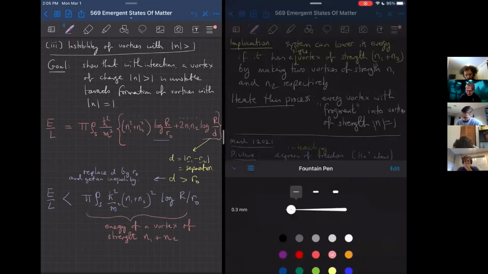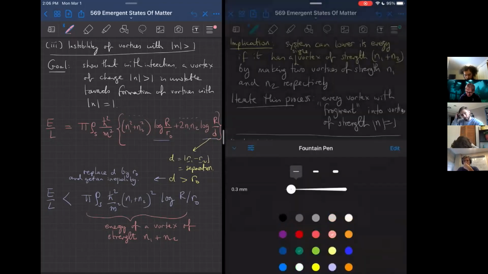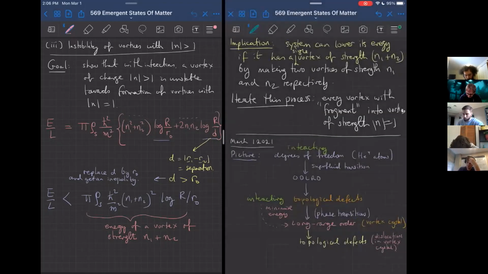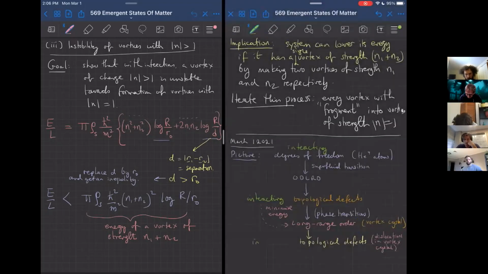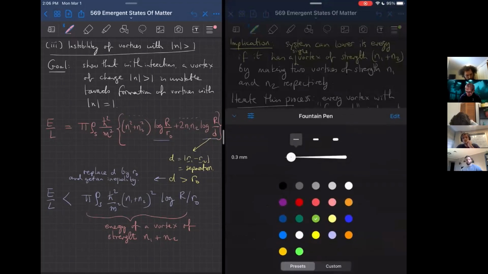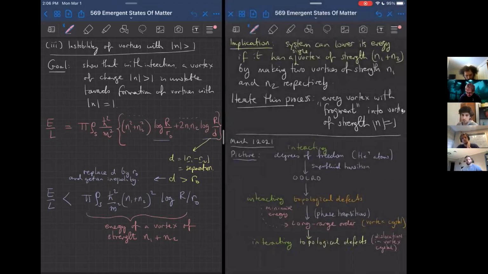And of course, dislocations also interact. So these are, in fact, interacting. So these dislocations can then order to form new states of matter. So these can also order. And this process goes on forever.